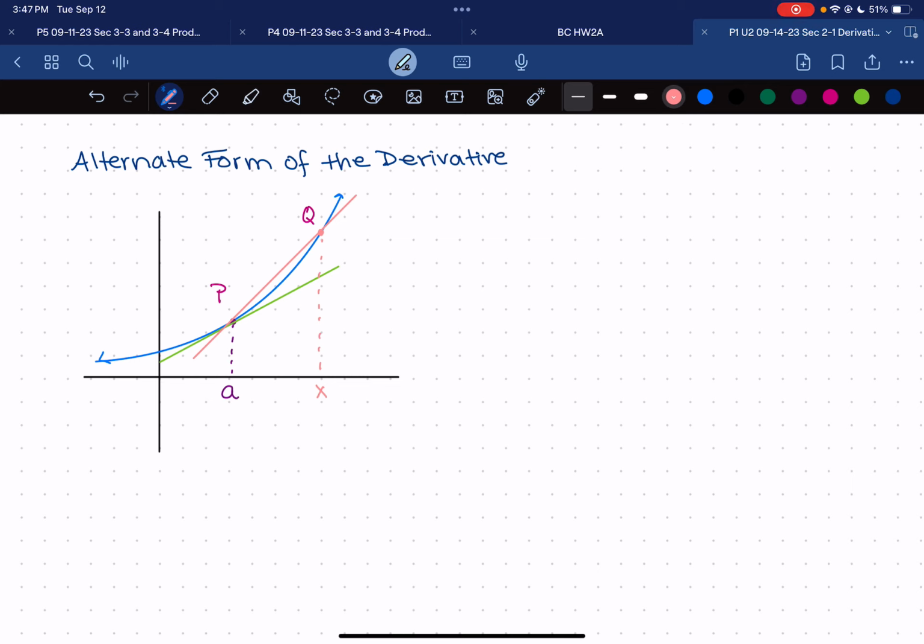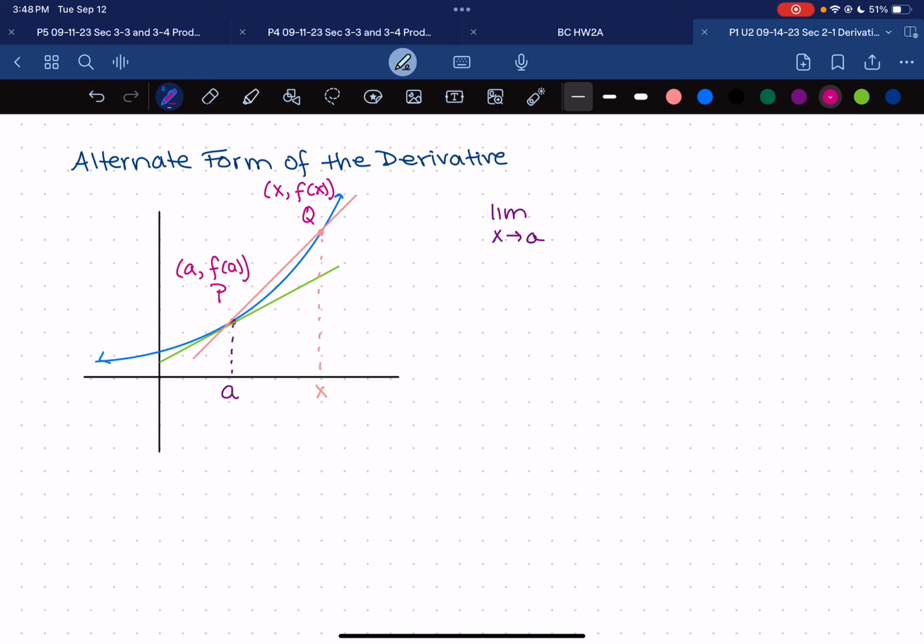So instead of saying as Q approaches P, we can say x approaches a, because as Q approaches P, point x will approach a. So we can take the limit as x approaches a. And then we can do the slope of the secant line, just like we had before. Point Q has the coordinates x, f of x. Point P has the coordinates a, f of a.